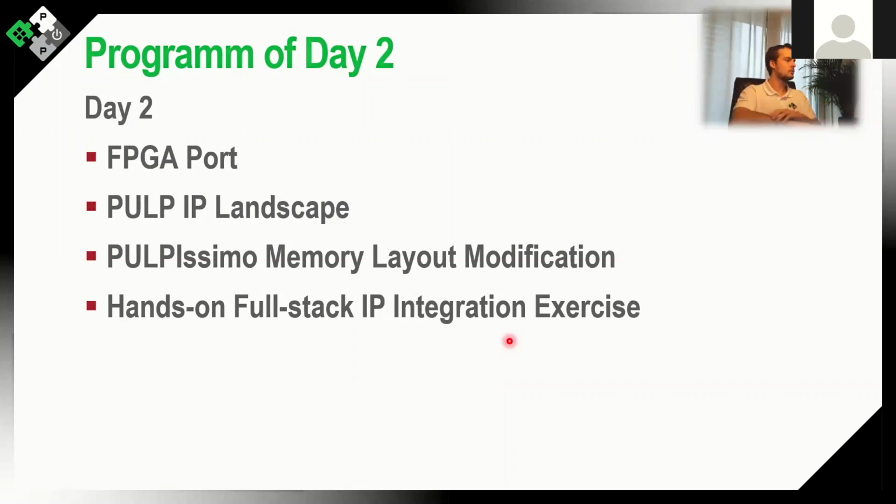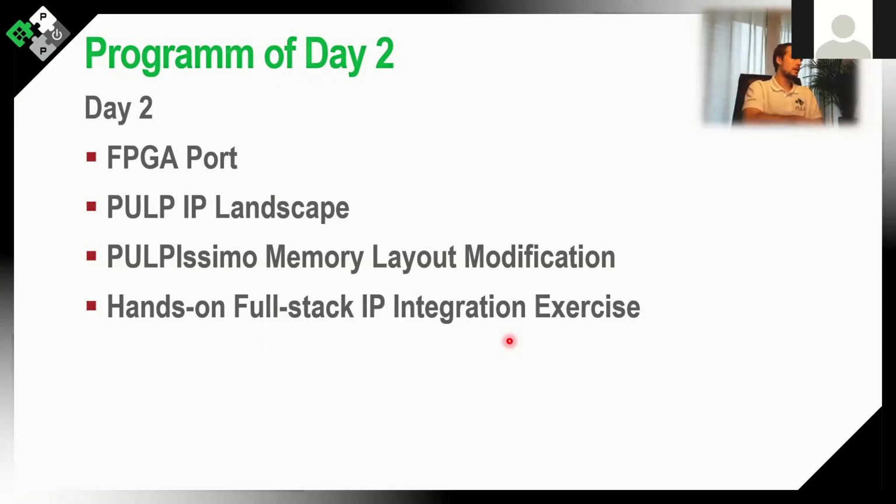So we will start with a longer exercise where you are asked to modify the memory layout of PULPissimo or PULP SoC. You will not only change the banking factor of the interleaved memory, you will also increase the memory size of each of those memory banks, and you will be guided through the steps to add an additional private bank to the system.